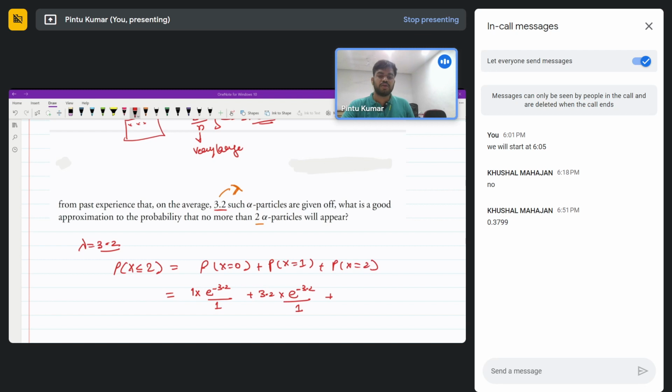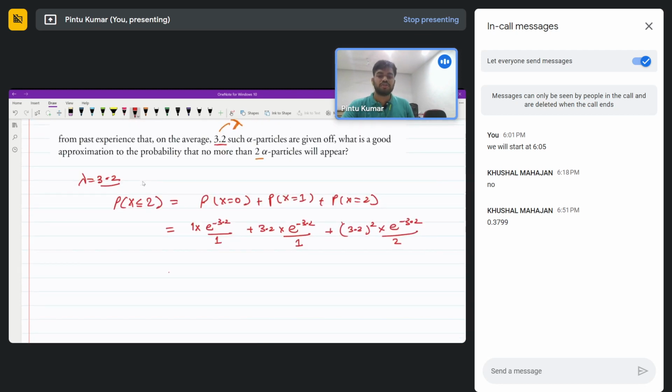Now this particular term is 3.2 squared into e to the power minus 3.2 divided by 2. Now this is just a calculation: e to the power minus 3.2 into 1 plus 3.2 plus 3.2 squared by 2.